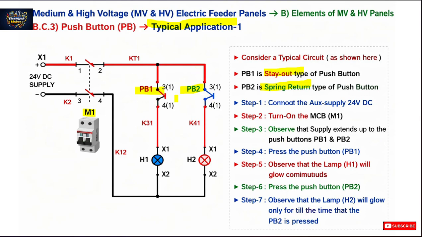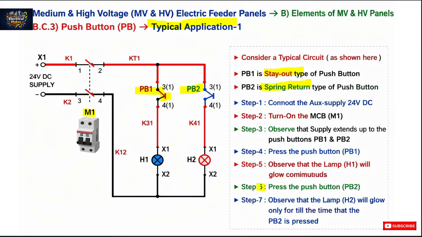Step 4 says to press the push button PB1. After that, observe that the lamp H1 will glow continuously. You can see lamp H1 glow continuously after pressing PB1.